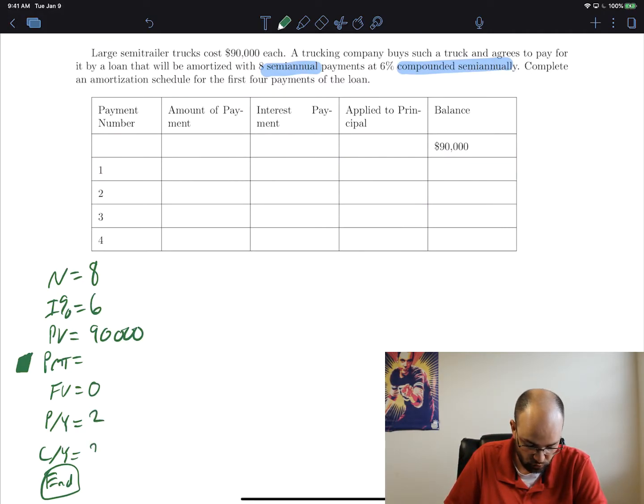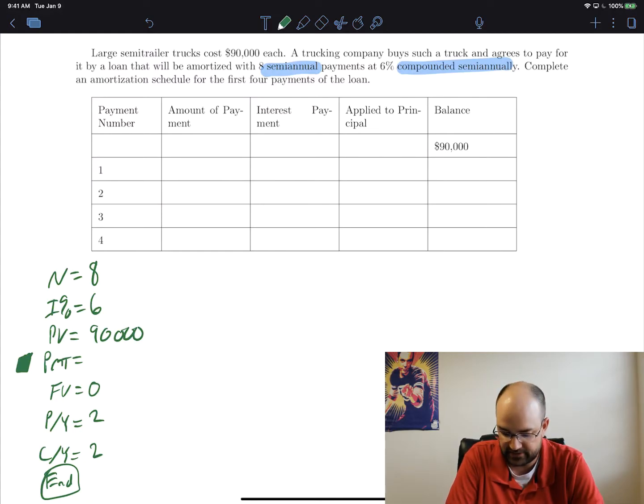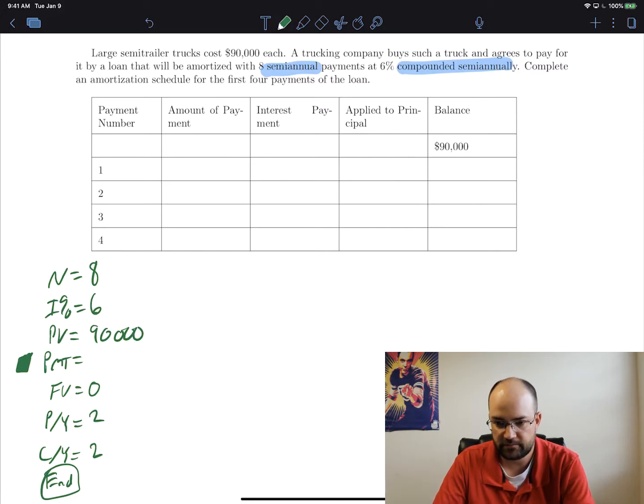There are 2 payments a year, and it's compounded semi-annually as well. So let's just type this in. N is 8, I% is 6, PV is 90,000, and then 2 times a year for each of those. And for the payment, do alpha enter.